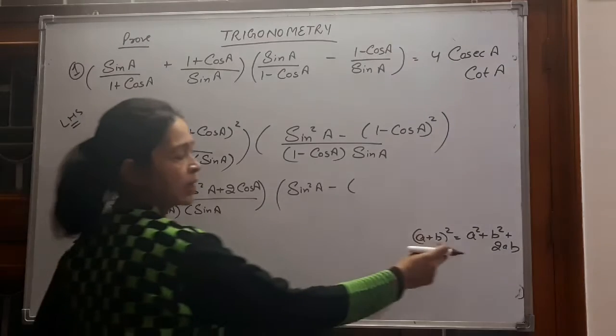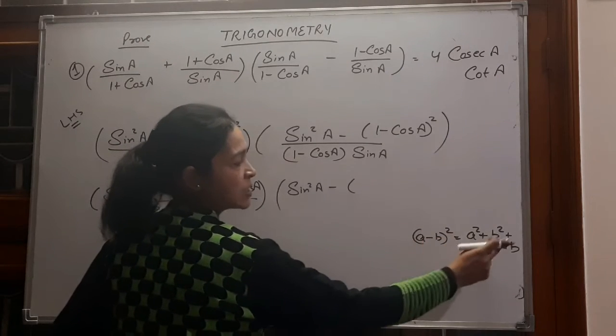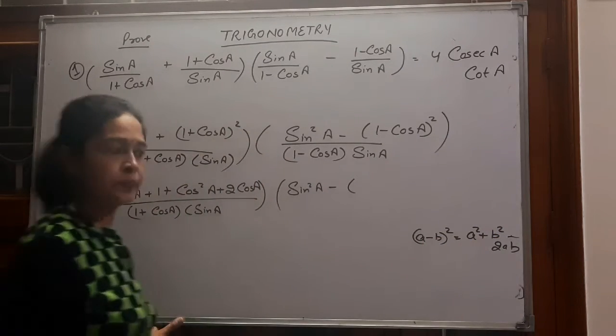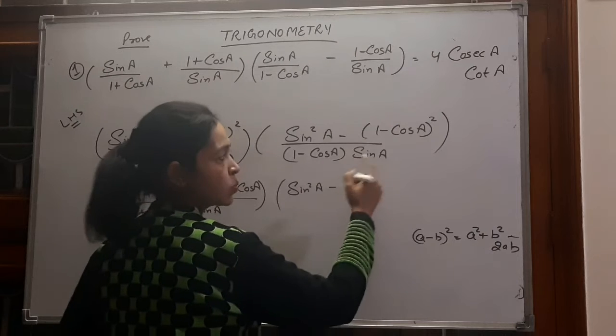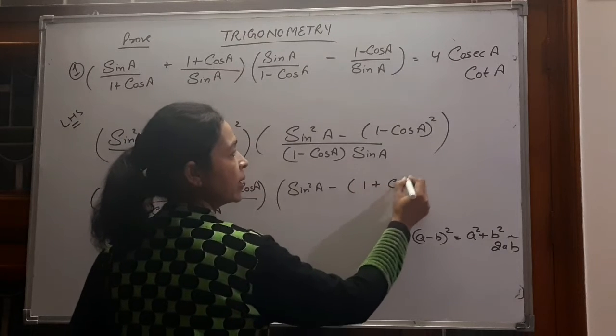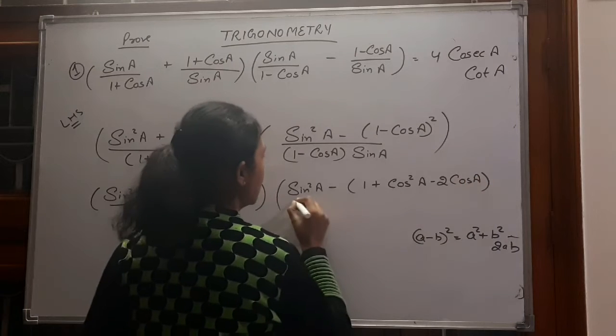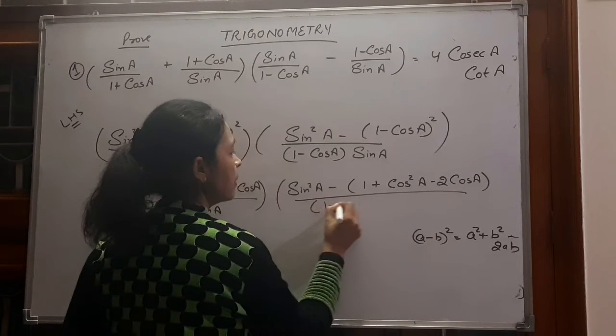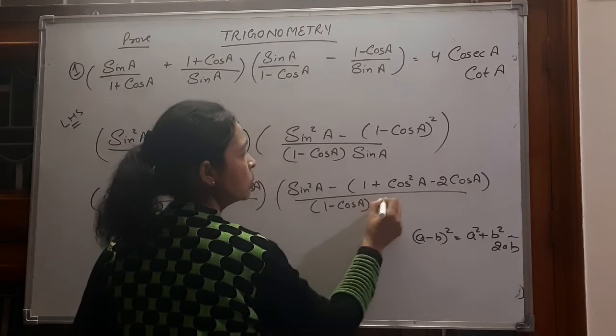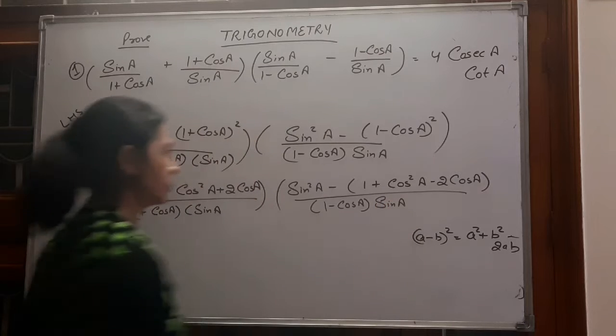A minus B whole square is A square plus B square minus 2AB. We have 1 square is 1 plus cos square A minus 2 cos A upon 1 minus cos A into sin A.